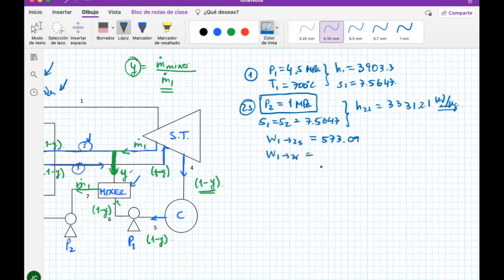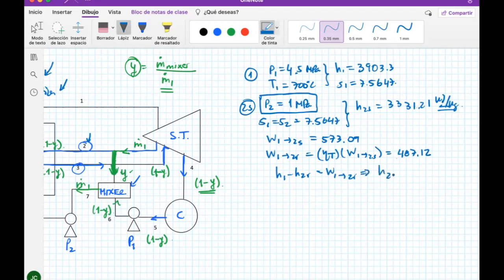And then I'm going to do the real part, and for the real part you need to multiply by the efficiency of the turbine, which is the same one. If you do that, you will get to this number, which is 487.18. Okay, so you have that part. Therefore, this one is just the real work.